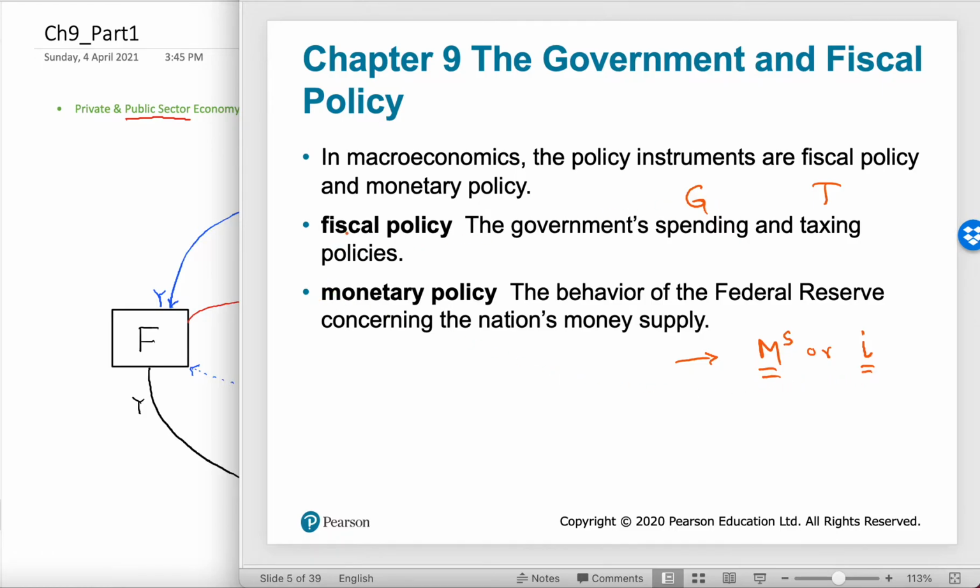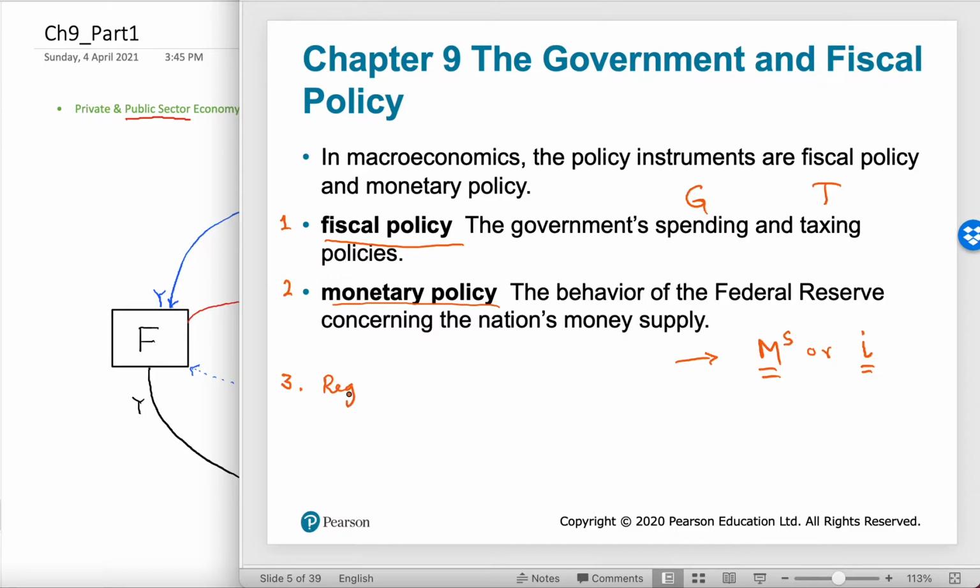If it is the Ministry of Economic Affairs or Finance or Treasury department, depending on which country we are talking about, it is called fiscal policy. So we have two types of policies which governments often use. Actually, there is a third type.